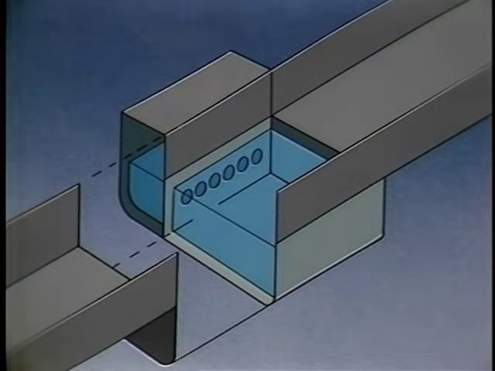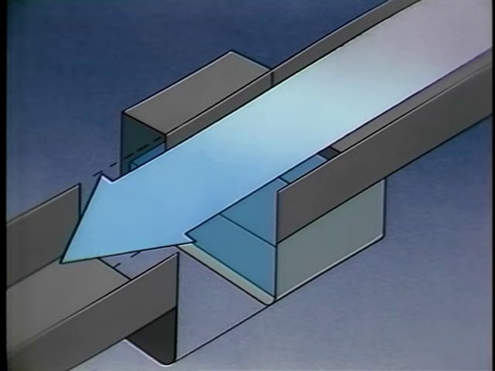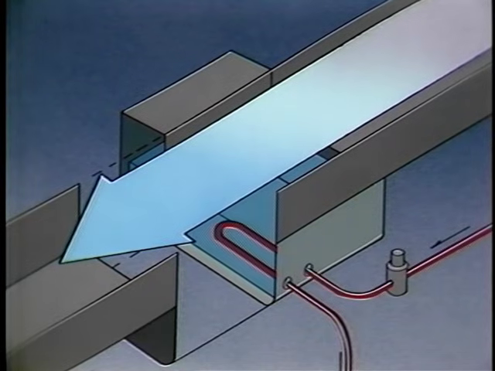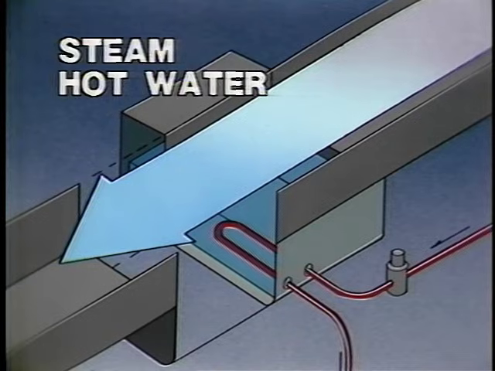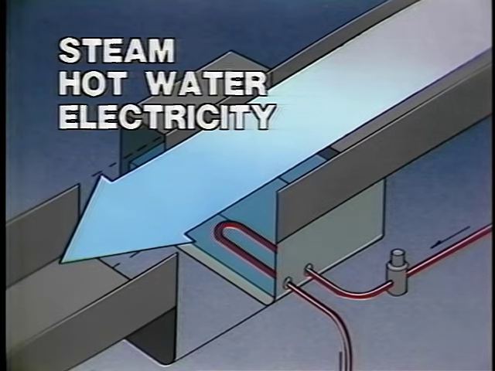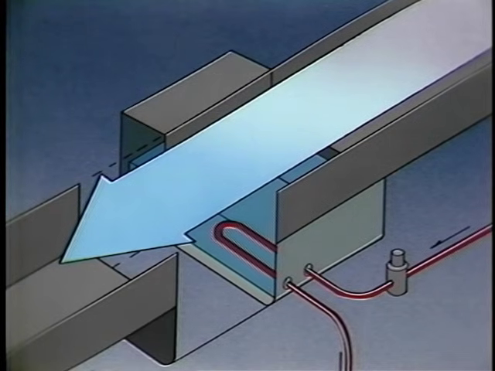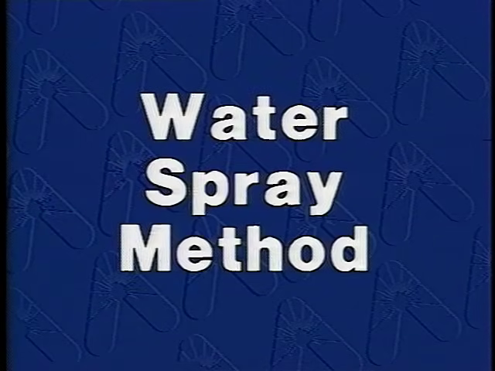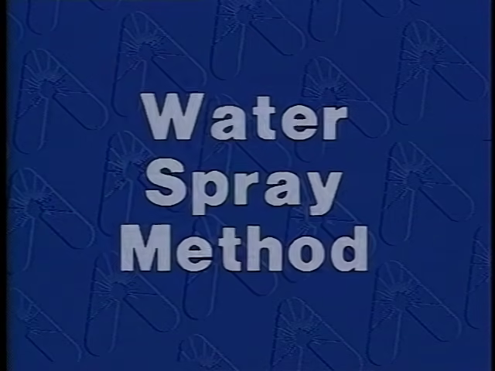Again, a pan is partially filled with water and the dry air current is forced over the top. Evaporation is assisted, however, by heating coils placed in the pan. These coils may use steam, hot water, or electricity to raise the temperature of the water, causing it to evaporate more readily.